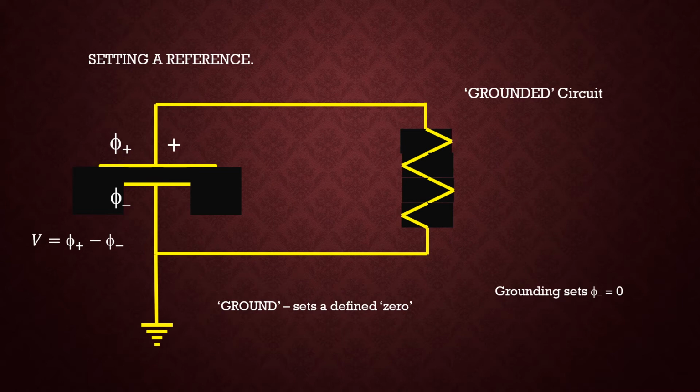And in doing so, because phi minus is attached by a direct conductor to the ground, I am, in principle, assigning 0 to phi minus, so that any voltage I measure on the other side, phi plus, is referenced to a 0 ground. So it's a referencing process. It's a little bit like taking a reference electrode and defining 0 to the hydrogen electrode, and then measuring everything else relative to the hydrogen electrode.